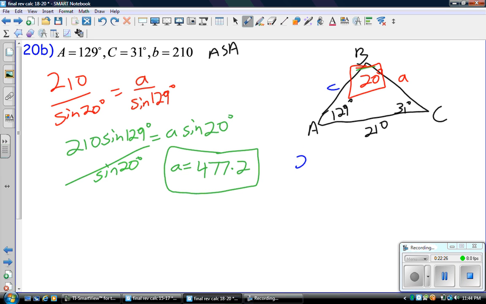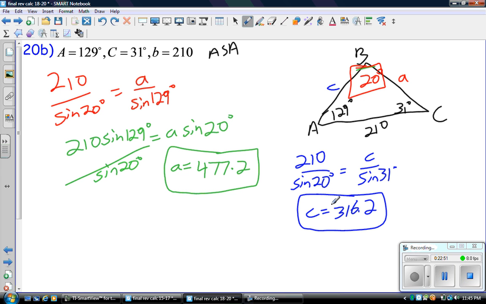So 210 over the sine of 20 equals C over the sine of 31. Again, follow the exact same logic. Cross multiply, divide, get the variable by itself. You should get side C to equal about 316.2. Now you've solved for all three.